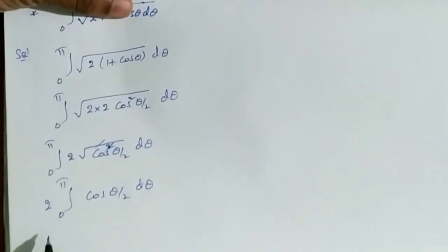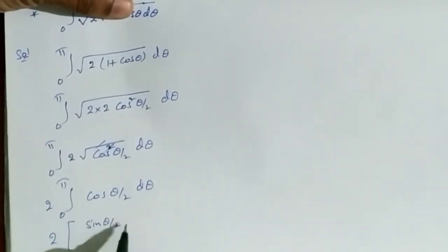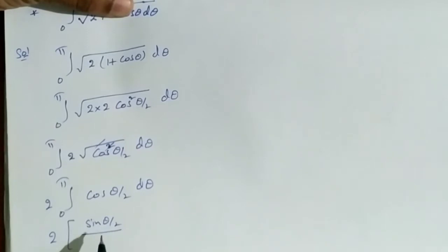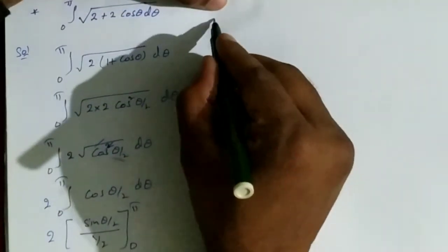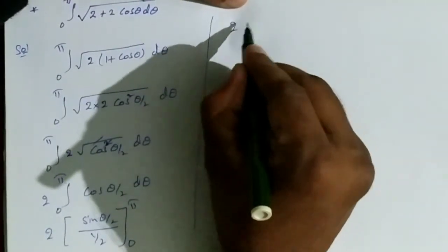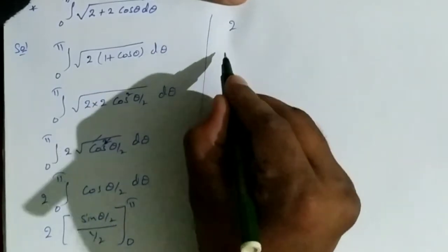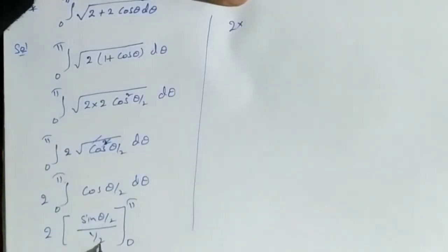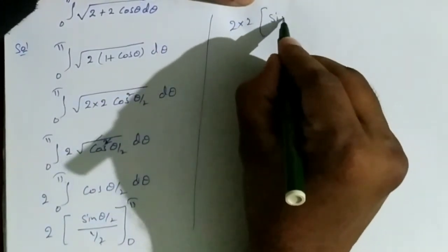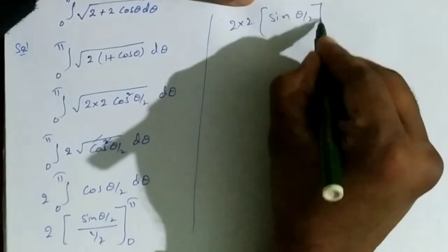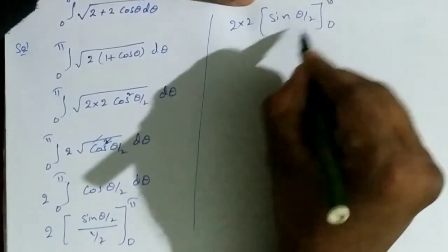Integration of cos theta by 2 is sin theta by 2 by, theta by 2 derivative is 1 by 2, and this is from pi to 0. 2 into, and 1 by 2 when you take the reciprocal it becomes 2, only in the bracket sin theta by 2 is there. This is from pi to 0.